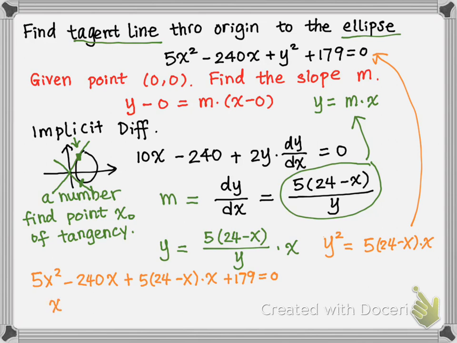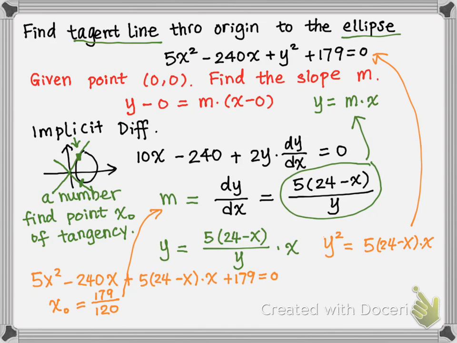And the x0, that point that is tangent, equals, and it's a quadratic equation in x, you should be able to solve for this, 179 divided by 120. Now, once we have this point, we can solve for the slope by just plugging this point back into the slope.